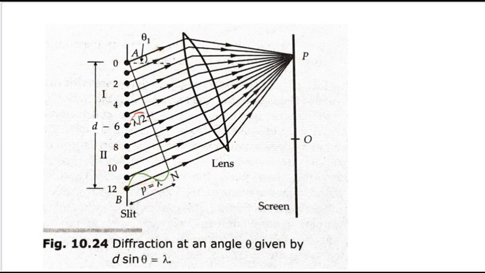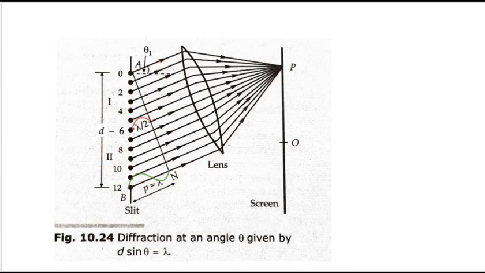Lambda by 2. Since this point 6 represents the half of this slit, and we have divided the slit into two parts, part 1 and part 2, this is half of your wavelength. So if the extra path difference is lambda by 2, at this point 0 there is no path difference.